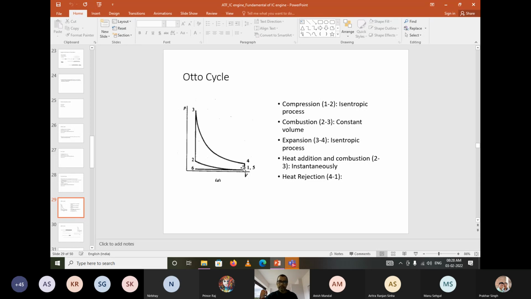Only think about this: if this is the PV diagram and I have to convert it, all of you know the relation between volume and the crank angle rotation. How is the volume of the engine related to the rotation of the crankshaft? There is a geometrical correlation.